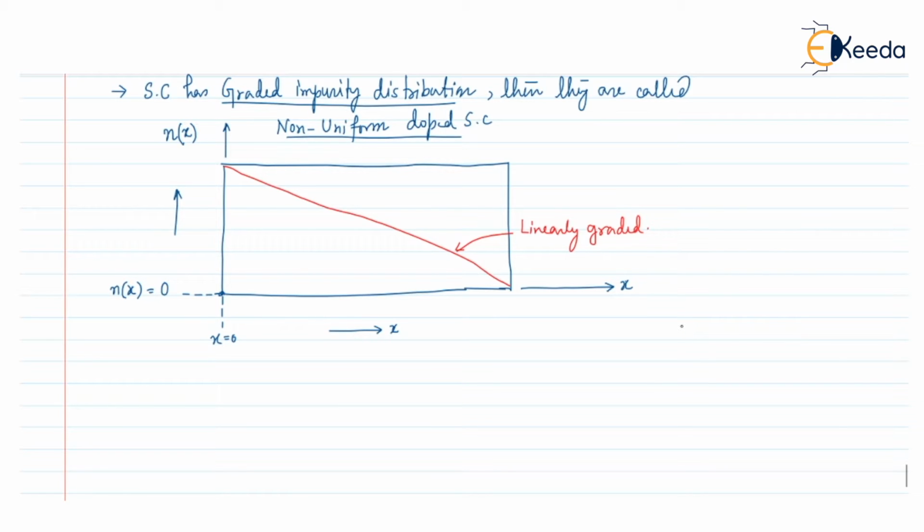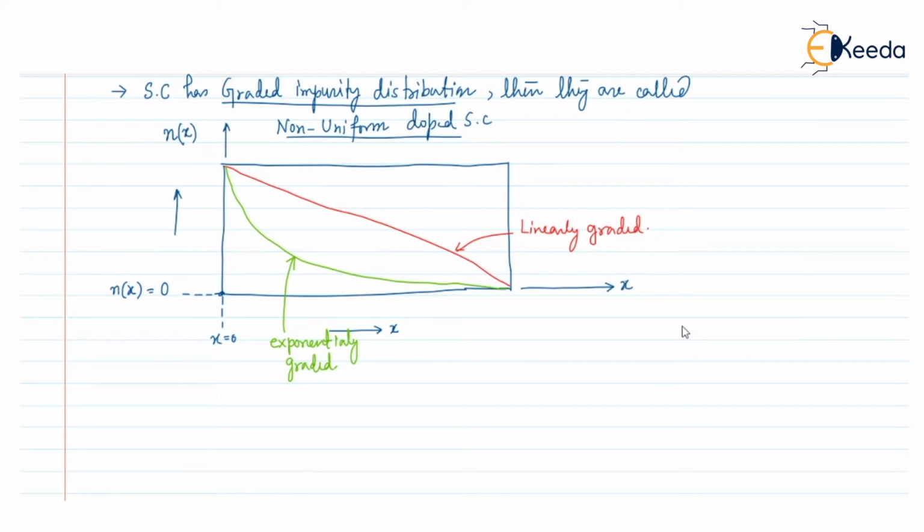Similarly, for the exponentially graded semiconductor, the impurity profile will look like this. So this is the exponentially graded semiconductor.